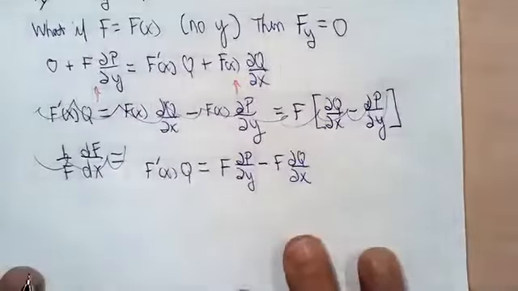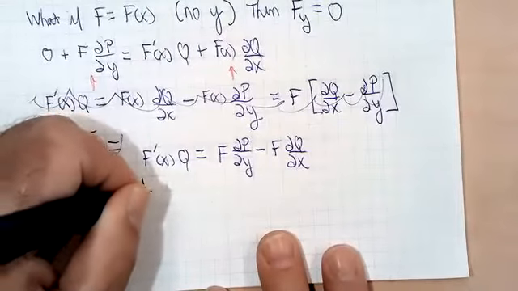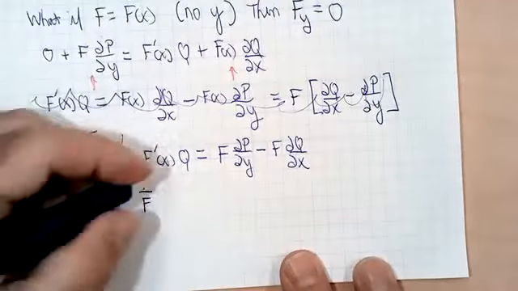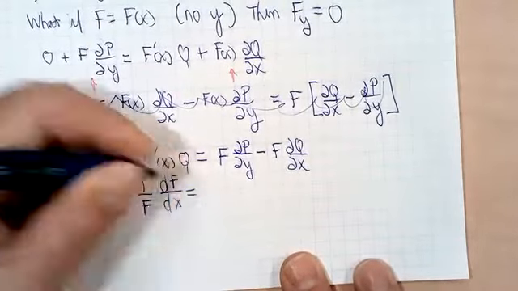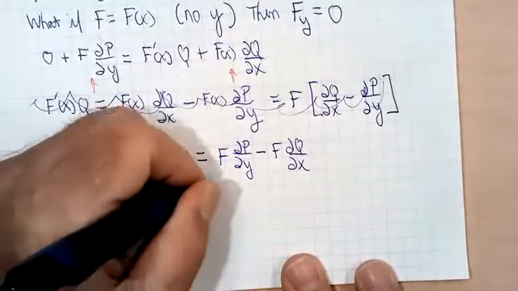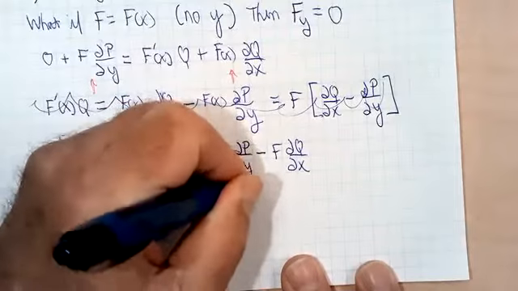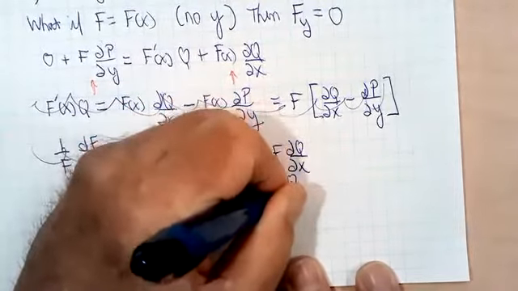Okay, and now back to work. We have 1 over f. I'm dividing each side by f. This I'm going to write as df dx equals, and now I'm going to divide each side by q. Partial p with respect to y minus partial q with respect to x.